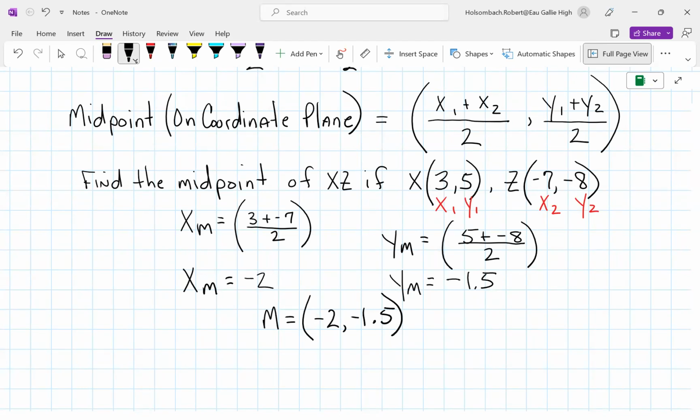All right, so any questions on finding the midpoint on the number line or finding midpoints on the coordinate plane?